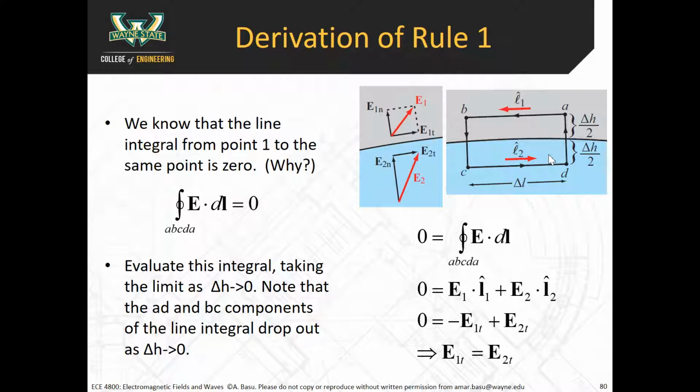Circulation is equal to the line integral of E dot dl. This is around a closed contour. We're finding the circulation of the electric field.